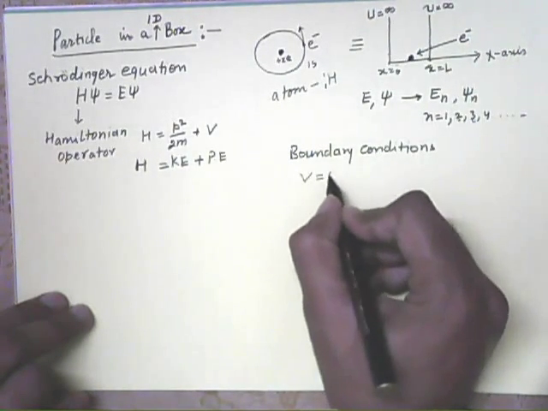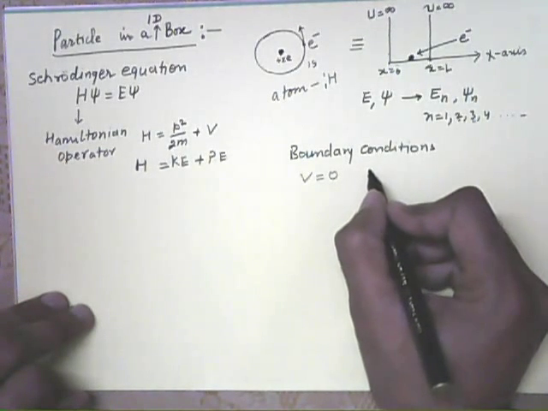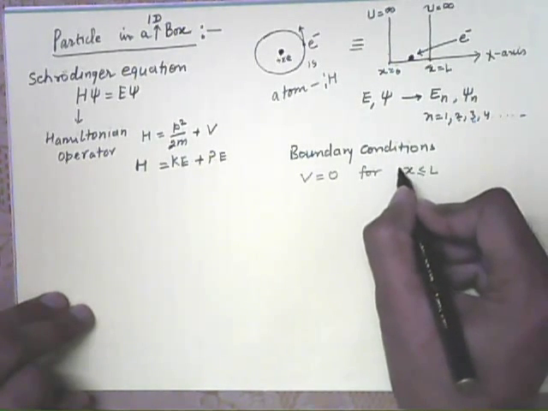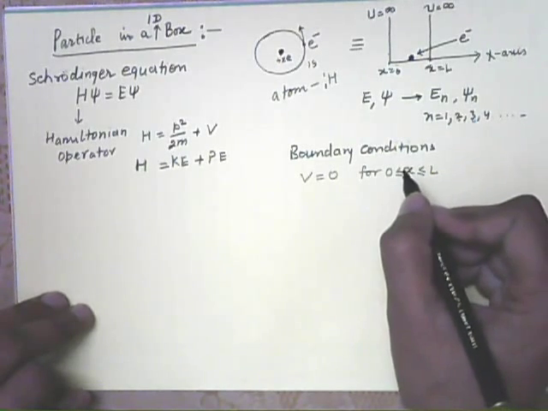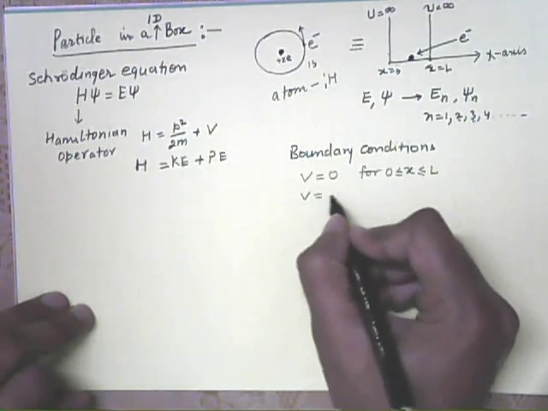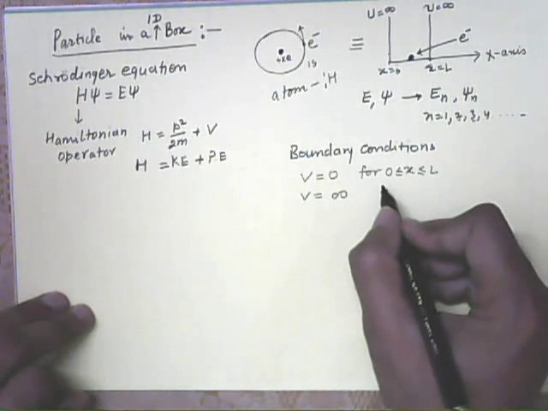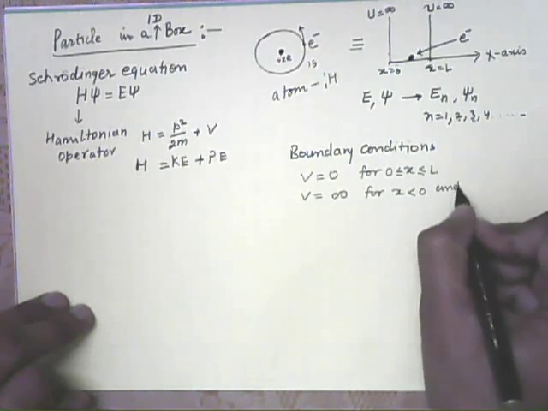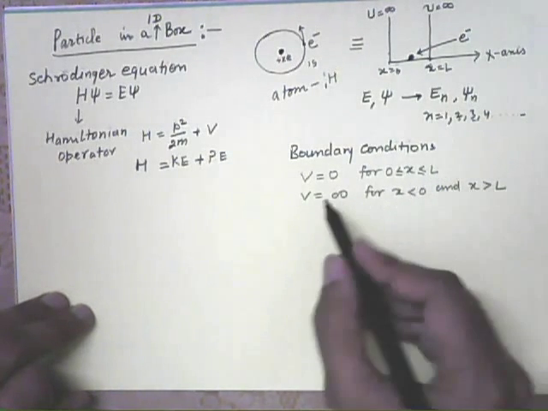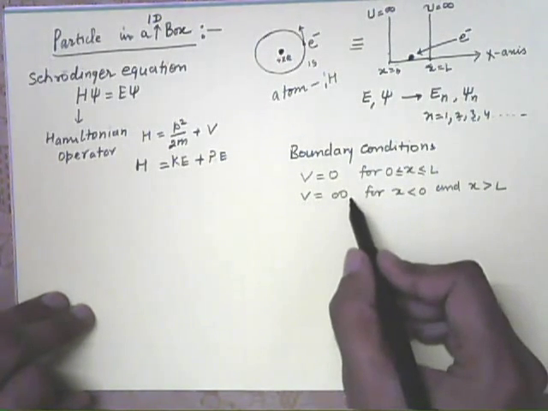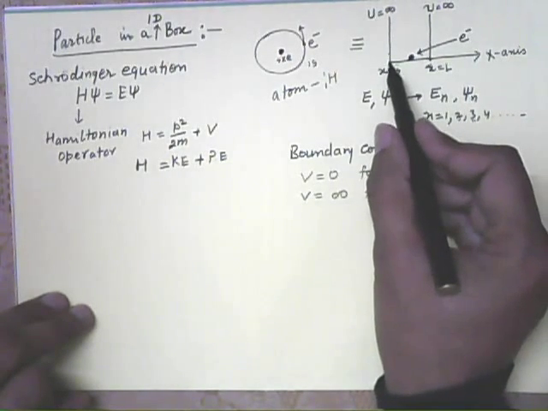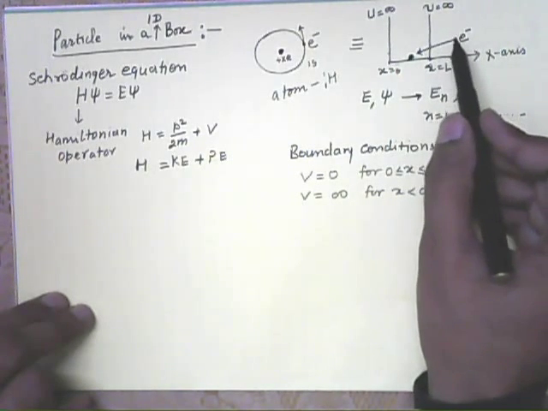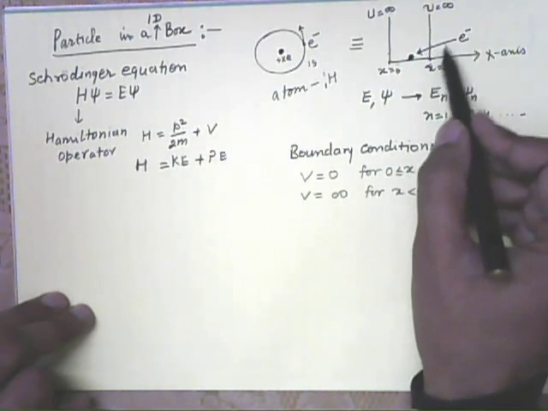So V is equal to 0 when x is greater than 0 and less than or equal to L, and the potential is infinite for x less than 0 and x greater than L. It means the potential is infinite if x is less than 0 and x is greater than L, and there is no chance to find the particle.